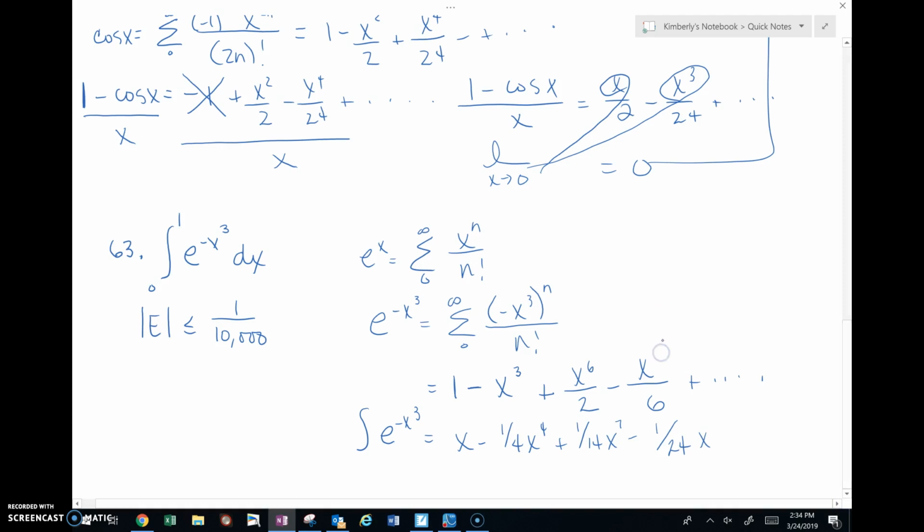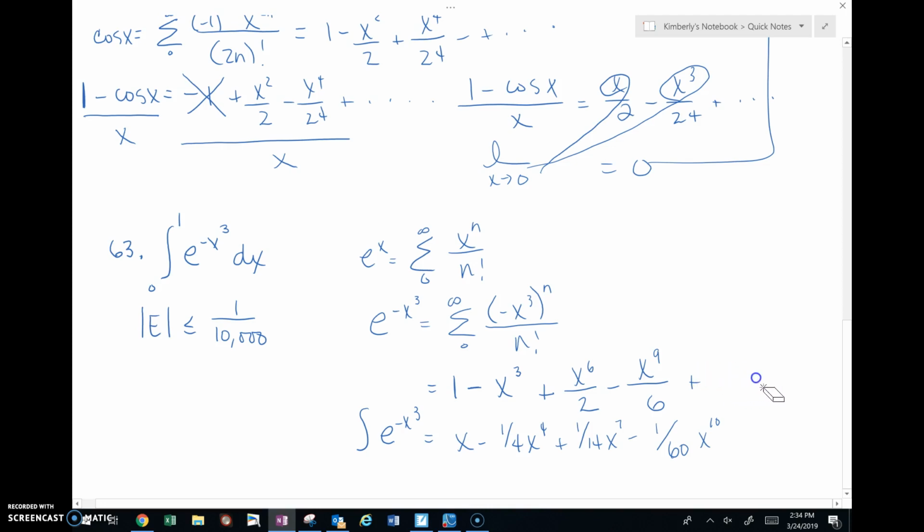This is supposed to be 9. Sorry, there's my 9, and then this is going to be 60, x to the 10th. And if I need an error of less than 1 over 10,000, I've got a long way to go. But when I handle this with factorials, it shouldn't be as bad as it looks.